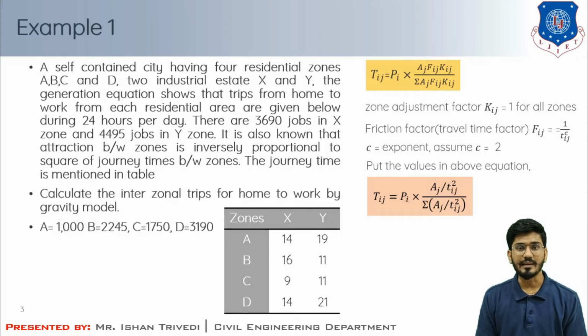We have the travel times, the total attracted trips for zone X and zone Y, and the total trips originating from zones A, B, C, D. If I put these values in the equation in the desired form, I will compute the matrix that denotes the total trips produced from zone A and attracted towards zones X and Y, and similarly for all the zones.